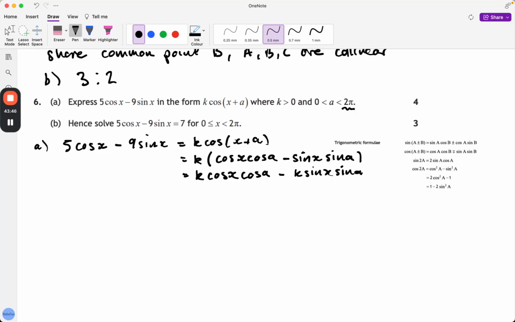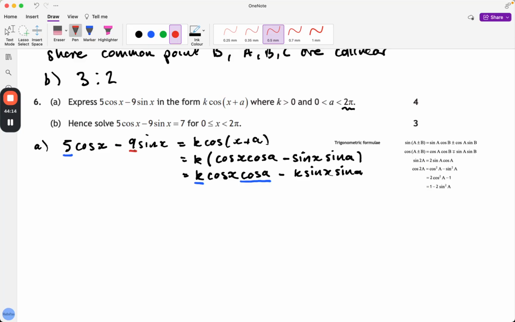Okay, what we want to do now is just look at our coefficients on the left hand side and the right hand side of our cos x and sin x, and then we can set them equal to each other. So on the left hand side, the coefficient of cos x is 5, and then over on this right hand side, the coefficient of cos x is just everything getting multiplied by cos x, which is actually k and cos a. We can do the same with our sines. So because we've got a minus here and a minus there, you can just ignore the fact you've got minuses.